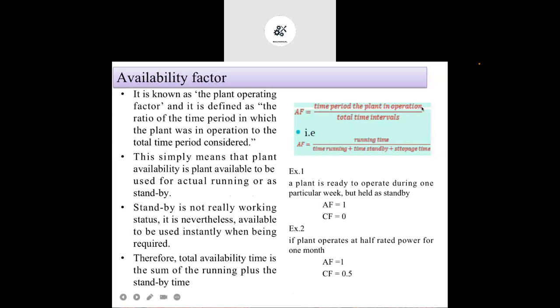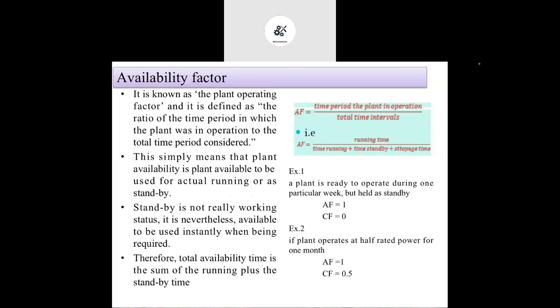And the time period for which the plant is in operation. In that case, we have to mention the actual running time of the power plant, the time for which the power plant is producing power and it is supplied to the power grid.